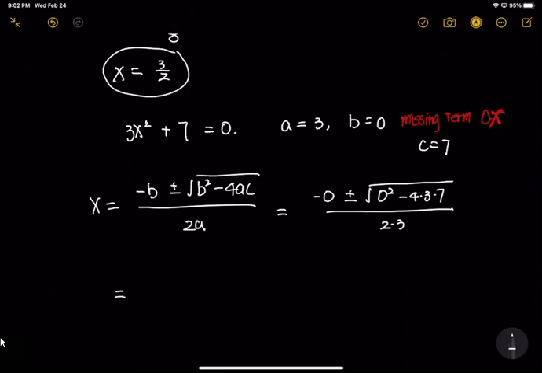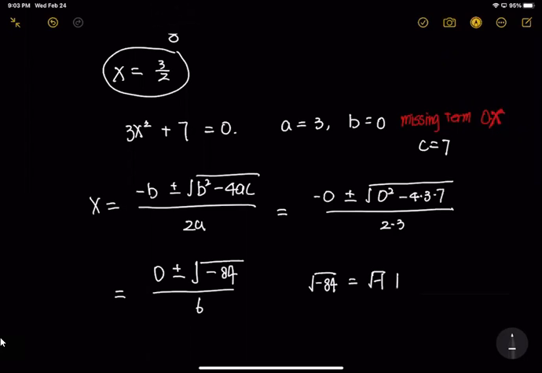So x is equal to 0, positive and negative. Again, everything multiplied by 0 is equal to 0, so plus or minus 0 still remains the same. Negative 12 times 7 is equal to negative 84, over 6. Okay, negative 84 and then the square root is equal to what?